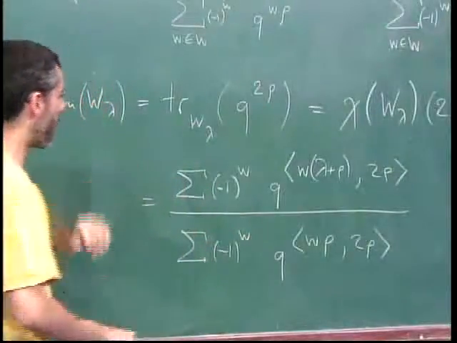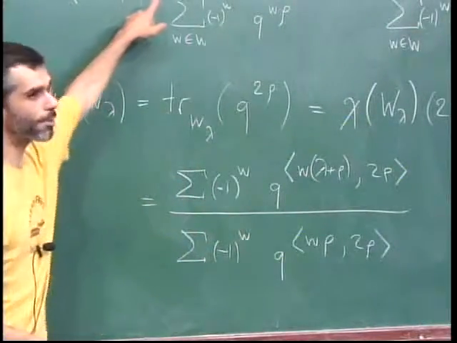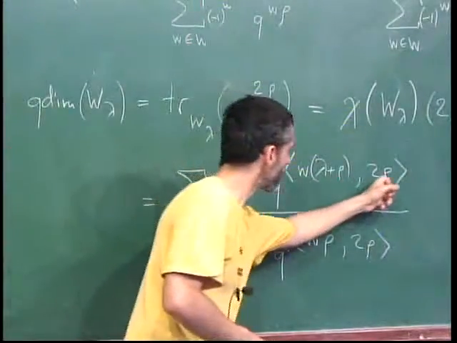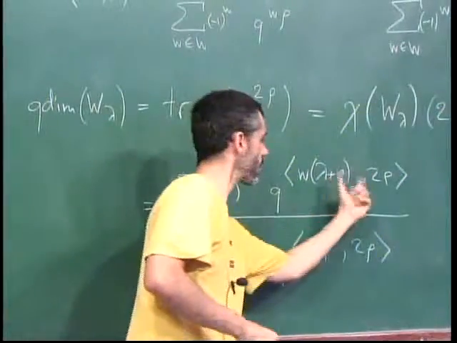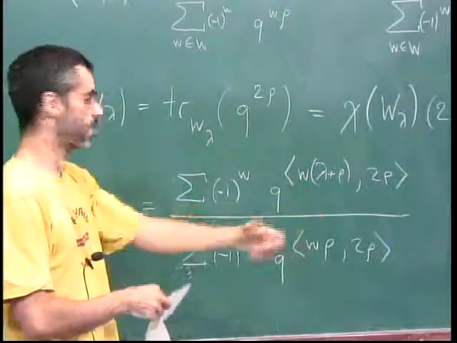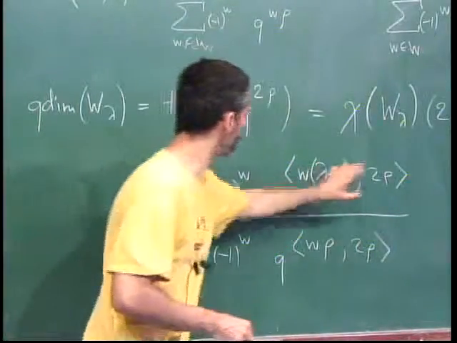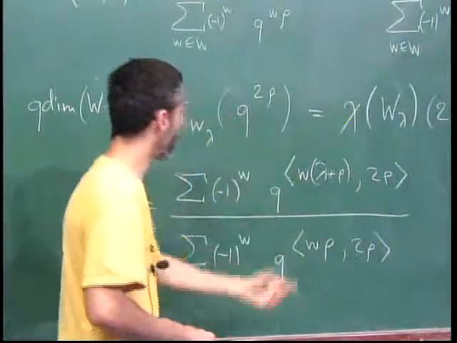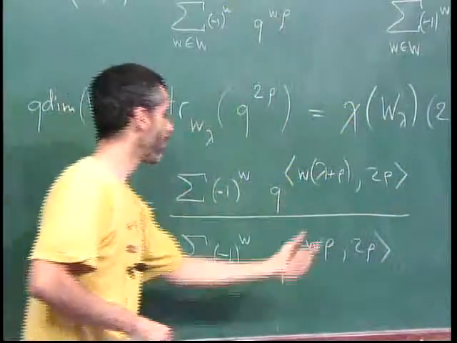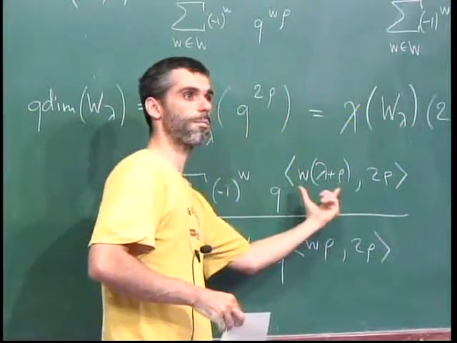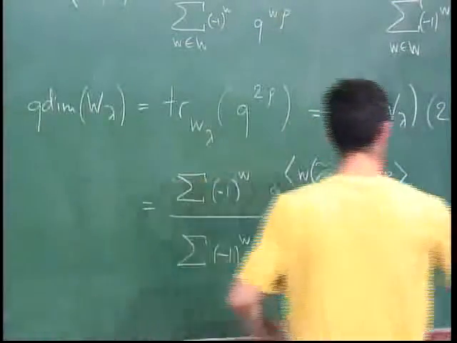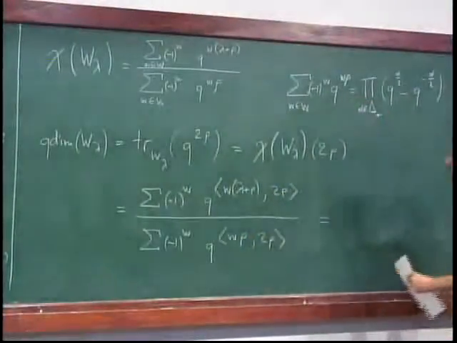And there's also a surprise: the numerator, which a priori you don't expect to be able to write as a product, because I can put this 2 rho on this side, is symmetric in this and that. I can reinterpret it as the Weyl numerator for this highest weight evaluated at 2 rho, but it's also the Weyl numerator for this highest weight evaluated at that point. And that's the Weyl denominator.